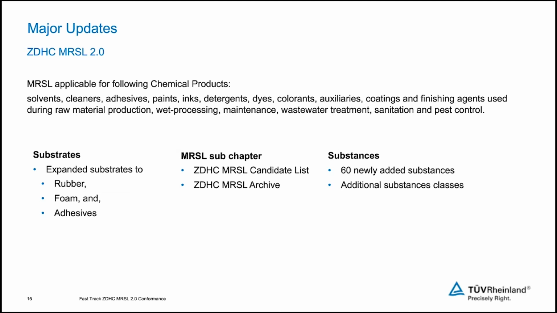These are chemicals like MCCP, bisphenol A, quinoline, but also new substance classes like UV absorbers, antimicrobials and biocides. Additionally, there have been changes made to the current substance lists like flame retardants, halogenated solvents or PFC, where more than 50 substances have been added overall. The new list of the MRSL version 2 now includes 210 different substances.